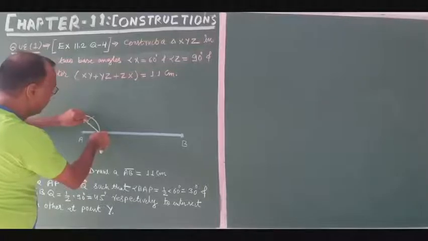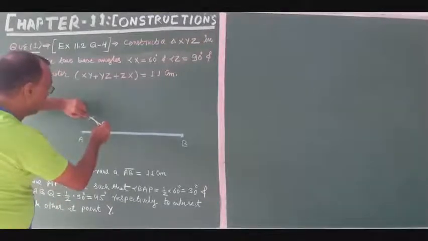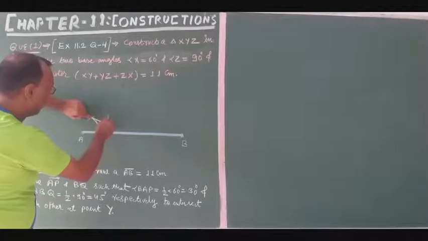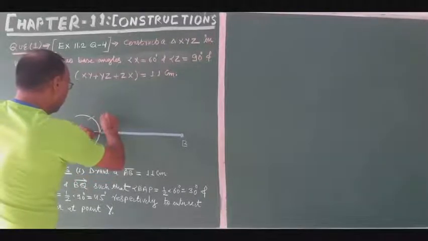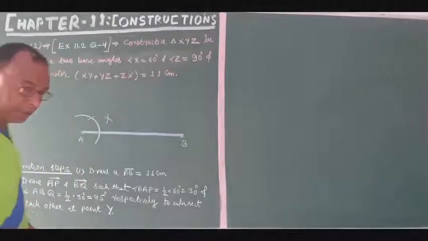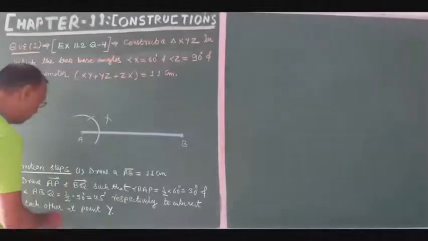This will be 60. And then we will bisect this angle. So we will put the compass here and we will take more than half radius. We will cut off an arc here and this one here. So this is 30 degree. This is 30 degree. And this ray is which one? AP.